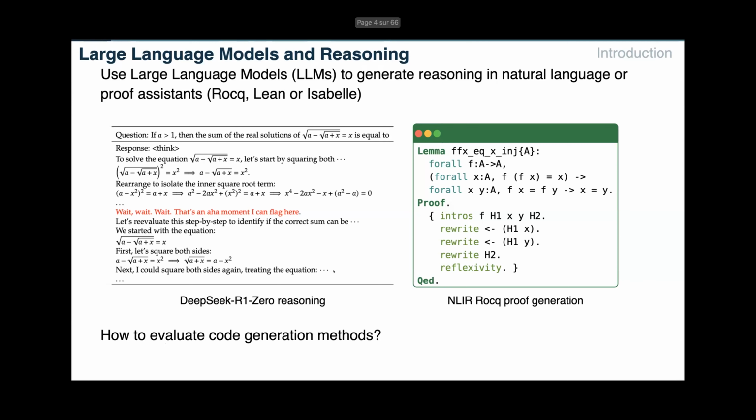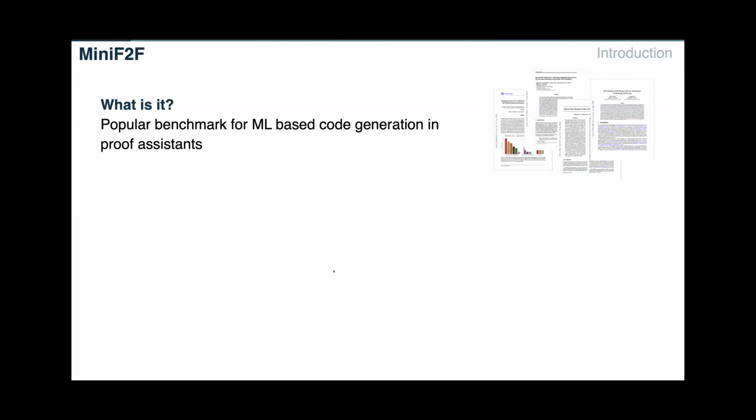And in the machine learning community, to evaluate some generation methods, one needs benchmarks, and especially benchmark datasets. That is exactly what MiniF2F is. It's a popular benchmark for code generation in proof assistants using machine learning techniques.